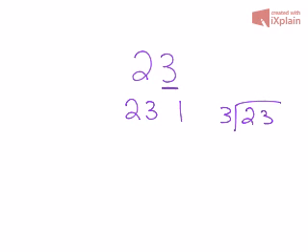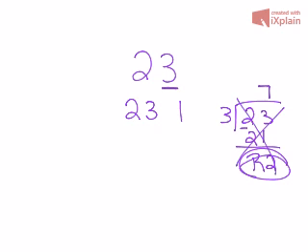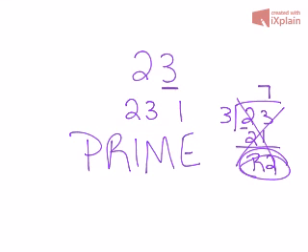So we can't do 2 divided by 3, so we're going into 23. The closest we can get would be 7. But look here, we have a remainder. So this doesn't work. How about 5? Nope, it has to end in a 5 or a 0 for that to work. So guess what? This is prime because it only has 2 factors.